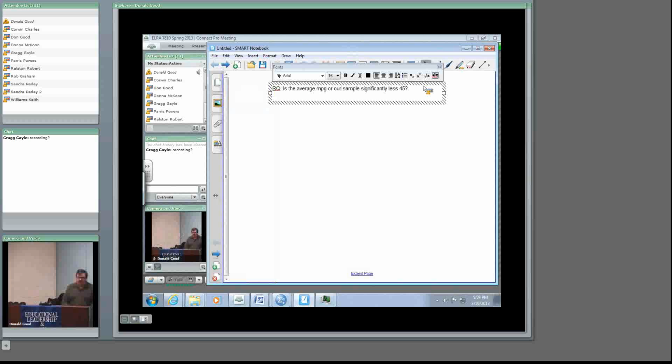So my null hypothesis might be something like, the average miles per gallon of our sample is not significantly less than 45.